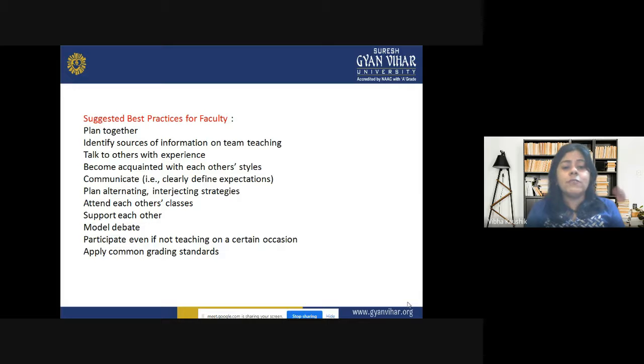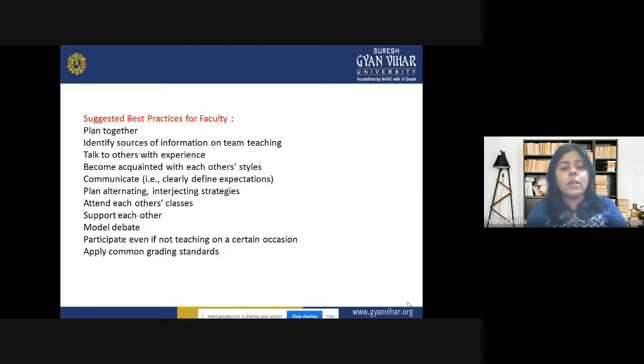Talk to others with experience, talk with other faculty members who have experience of teaching students with the team teaching method. Become acquainted with each other's styles. Communicate, that is, clearly define expectations. Plan alternating interjecting strategies. Attend each other's classes. Support each other.